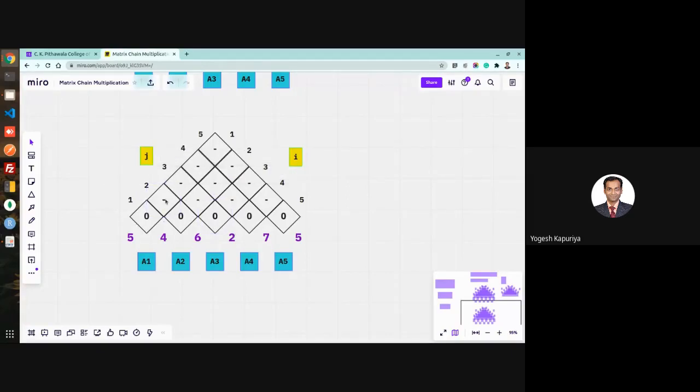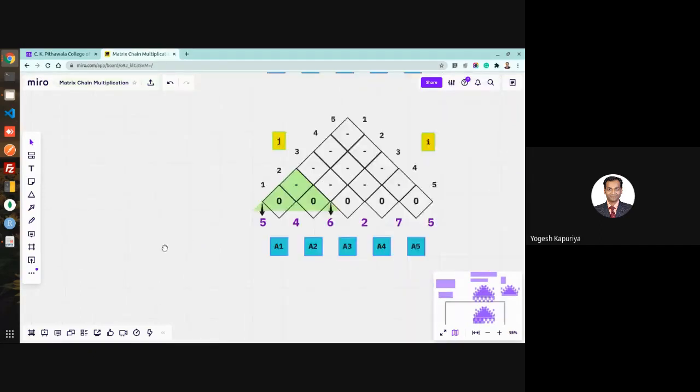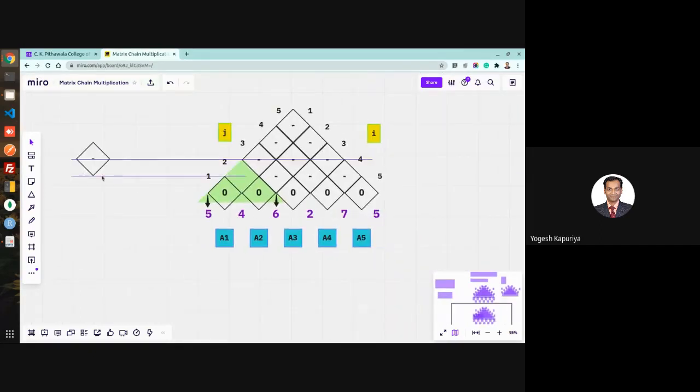So we are interested in putting the value over here. Now remember, here we are multiplying A1 with A2. So if you look from this perspective, you are multiplying two matrices, A1 and A2. A1 is 5 cross 4 and A2 is 4 cross 6.